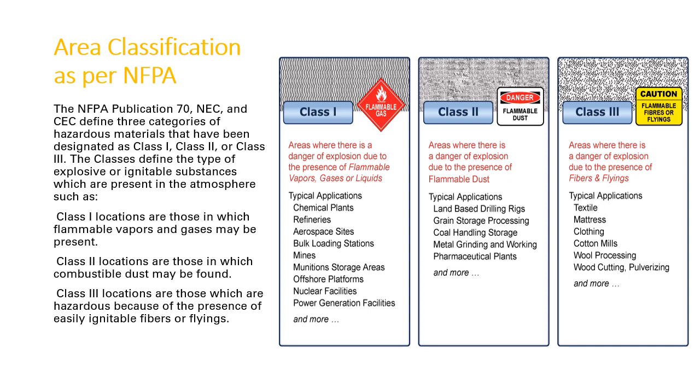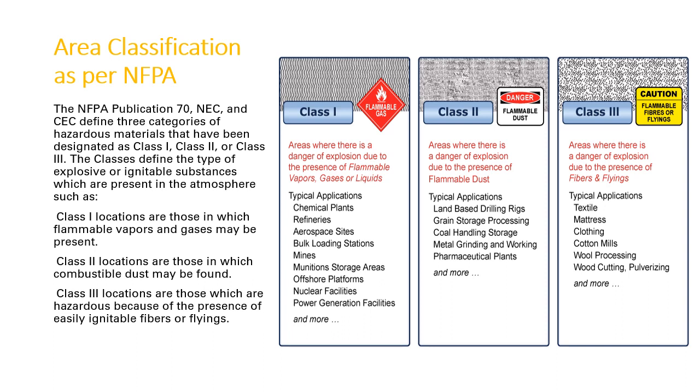As you can see, these are the three classes, Class 1, Class 2 and Class 3. The typical application for Class 1, which is the most common, is any oil and gas installation, nuclear facility, power generation facility, mines. Class 2 is basically for coal handling, metal grinding and pharmaceutical plants.